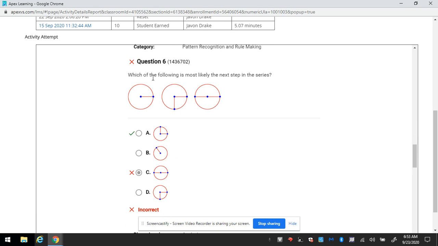Let's look at 6. Which would be the next step in the series? So we have 1 line, then we have 2 lines going in a clockwise direction. So going the same direction as a clock. Then we have our 2 lines, but going still in a clockwise direction.